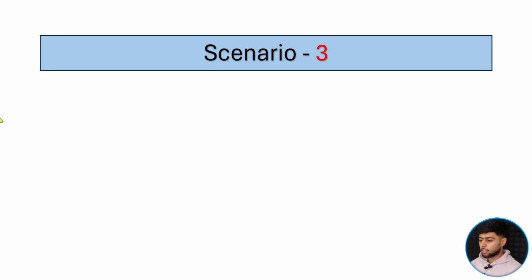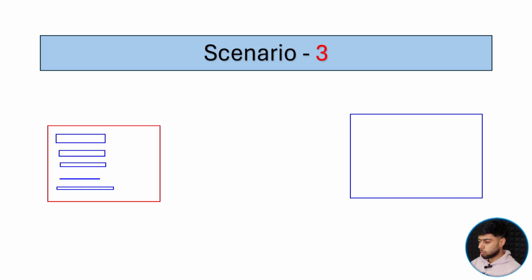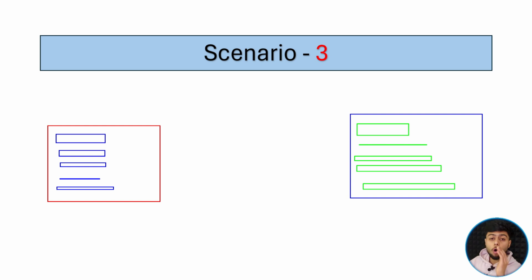Let's say you have so many files in the source, 1 2 3 4 5 6, and in the sync you just need to bring only files which are not older than 24 hours.